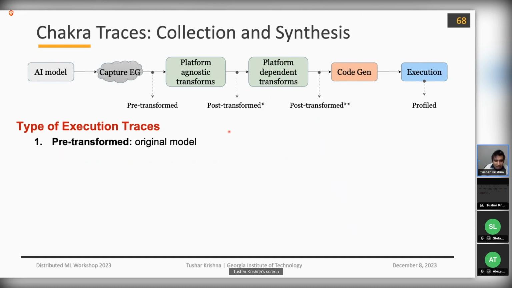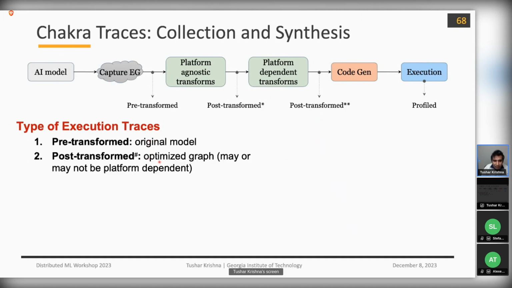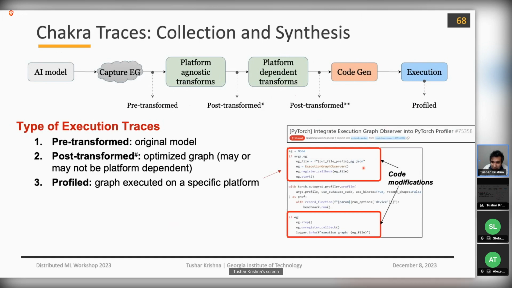So these execution traces can be thought of as either a pre-transformed trace, which is really the original model, or a post-transformed trace which has some transformations applied, or you could run the model on an actual system and profile it and get that. Or, and this is something that we worked on with Meta and have enabled, today you can go to PyTorch.